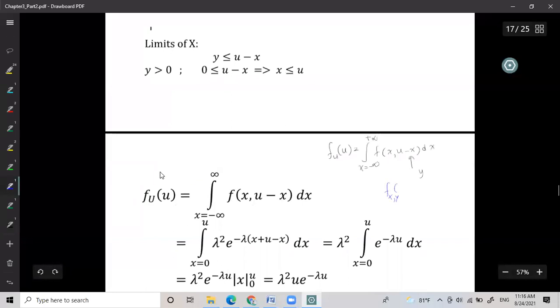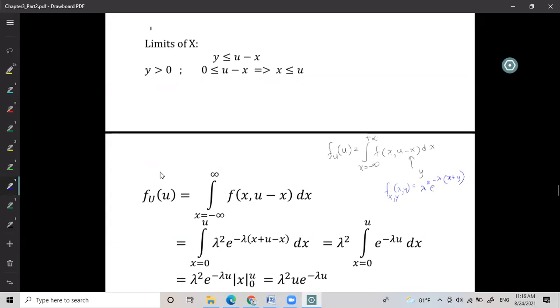Our joint density f(x,y) is lambda square e to the negative lambda (x plus y). So we have to rewrite it in the form x comma u minus x. What do we have to do?